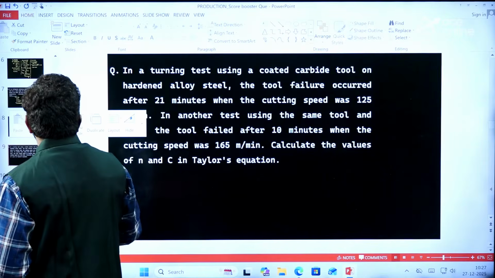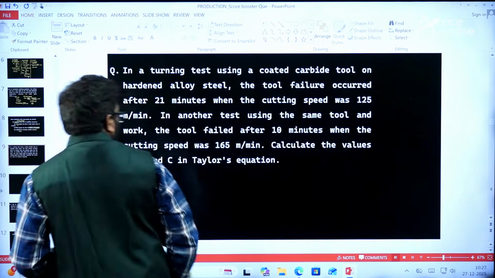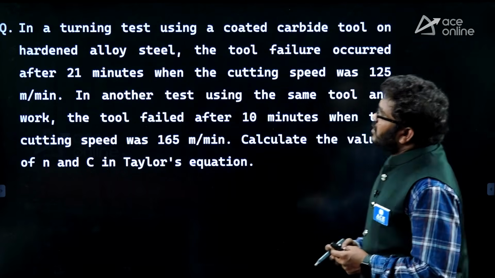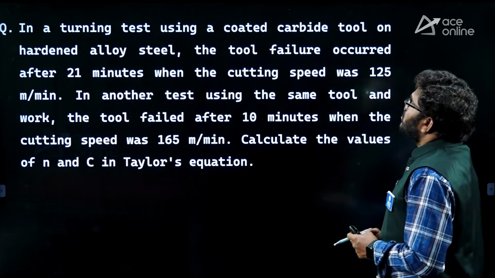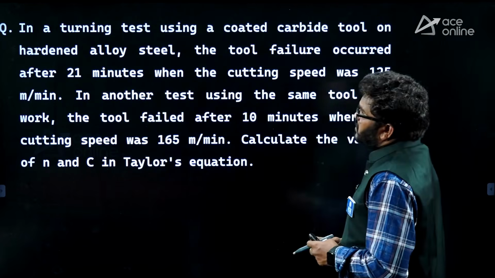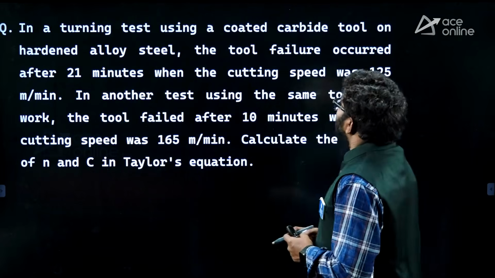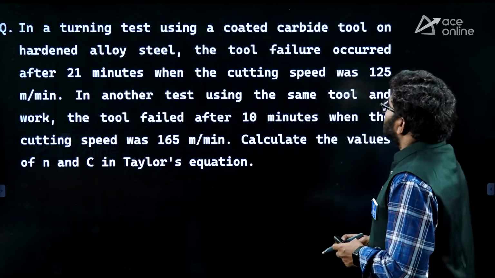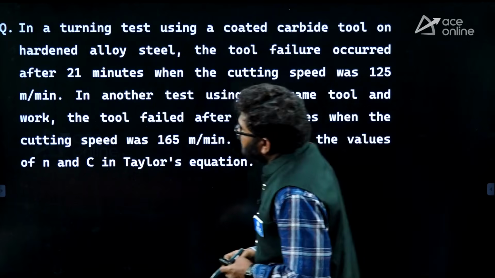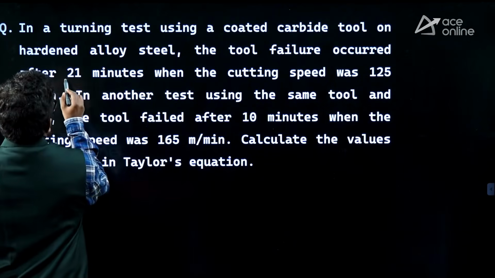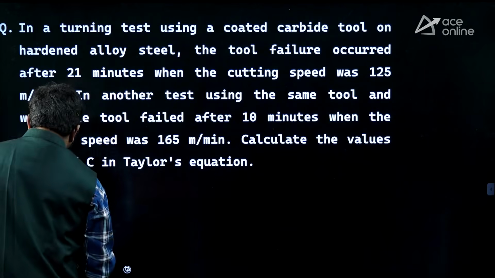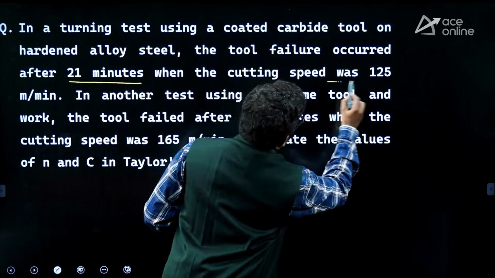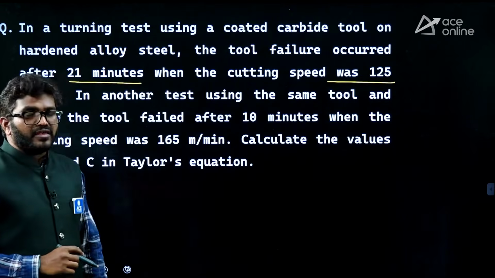Now you can see, in a turning test using a coated carbide tool on a hardened alloy steel, the tool failure occurred after 21 minutes when the cutting speed was 125 meters per minute.